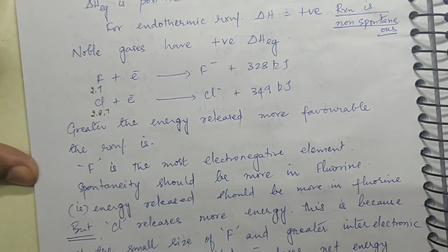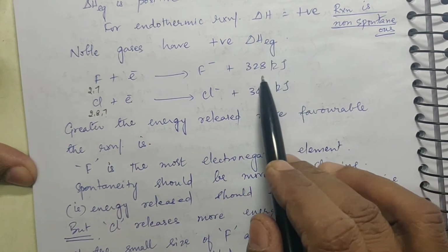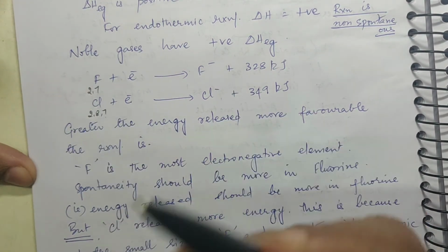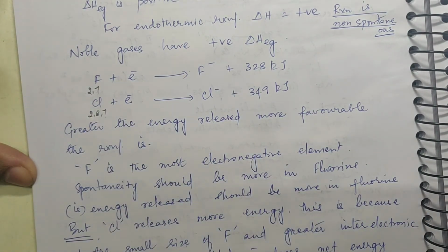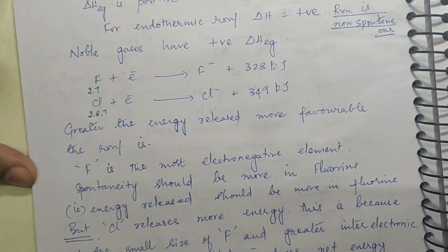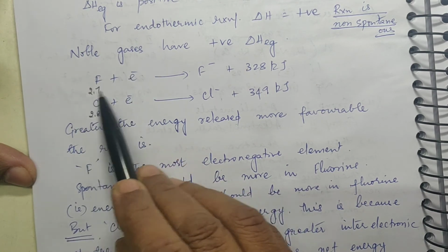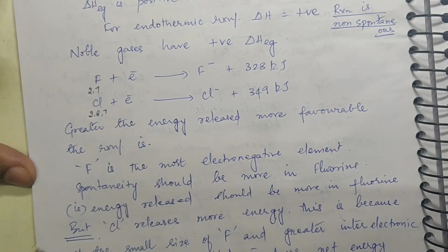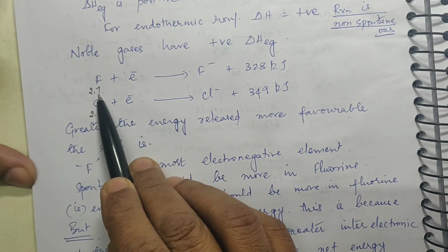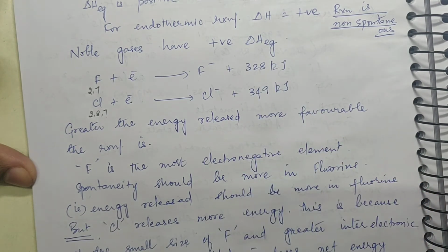Because of the repulsive forces, the net energy released is less. The atom must have used up some of its energy. Though it wants to release more, it has used up some energy to neutralize the repulsive forces between the incoming electron and the existing electrons. Since it has used up a little, the net energy released is less.